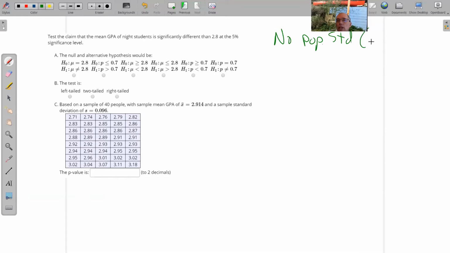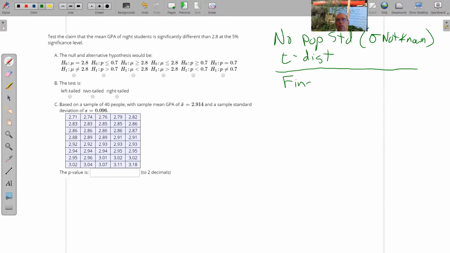So that means, again, sigma not known, which means I have to use a t-distribution. So to use a t-distribution, you need to take the data and turn it into a t-score.